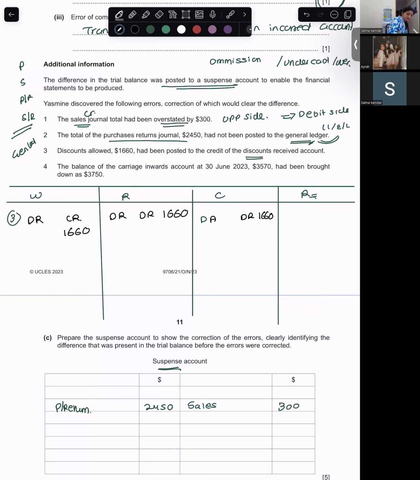Rectification is the summation of these two. So discount received 1660, discount allowed 1660, and suspense credit. You add both of them. So on the credit of suspense, I will record these two things: discount received 1660, discount allowed 1660.